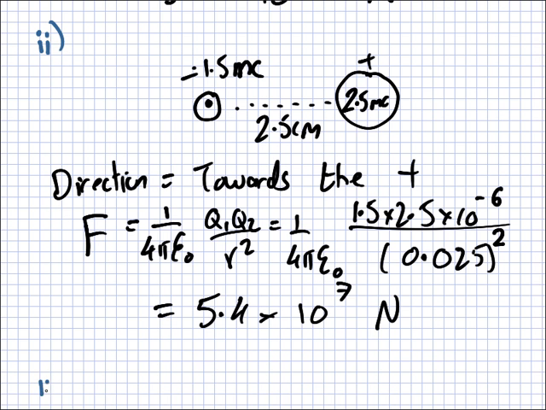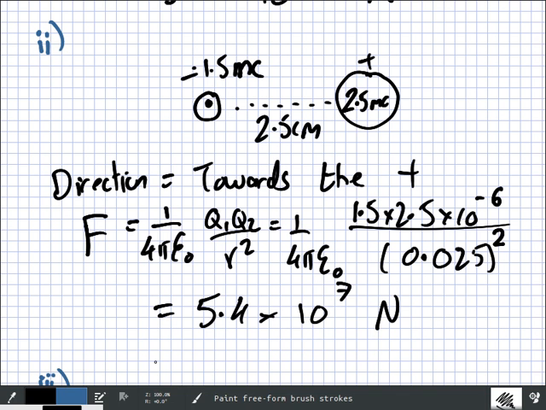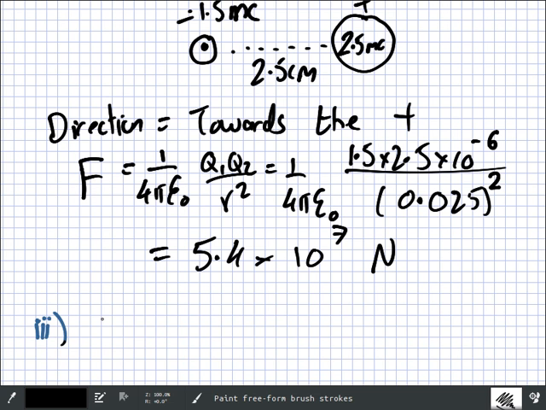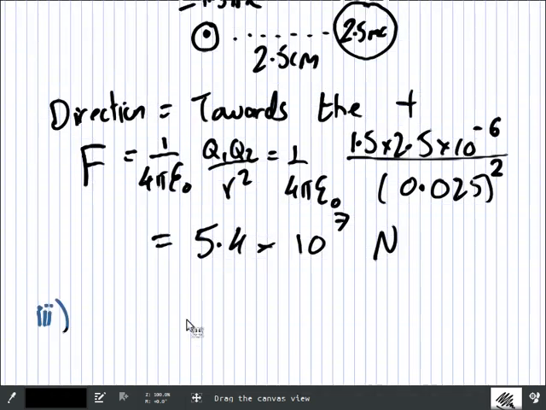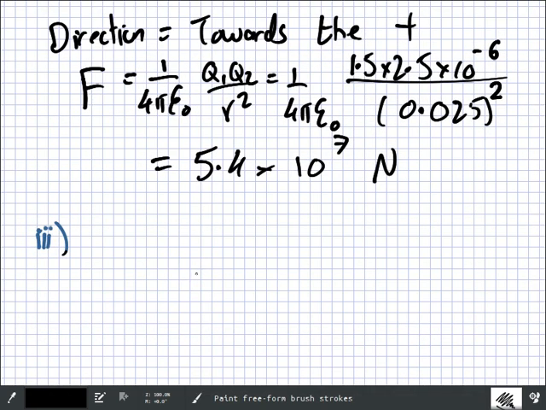What is next? Part 3. If positive 2.5 millicoulomb were to be added to each charge, describe what would happen to the magnitude and direction of the force on charge B. We're just doing the same thing again, except the charges are slightly different.